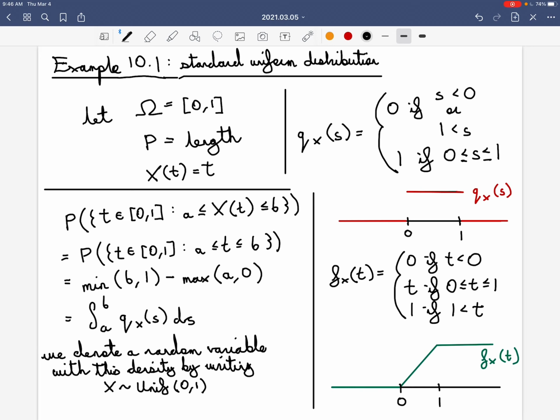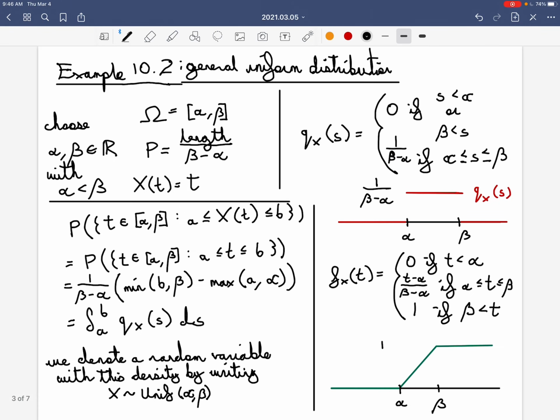And then as you progress from 0 to 1, the chance that your random number is less than that increases until you get to 1, and then the chance your random number is less than 1 is perfect because you said your random number was between 0 and 1. Okay. So that's the standard uniform distribution, which is the simplest of all continuous random variables.